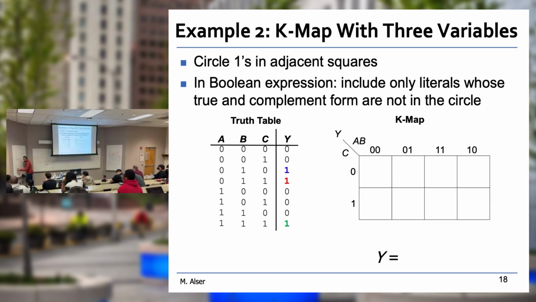What is the value C in both of them? In this one, at the top, C is 0. In this one at the bottom, since it's different and nothing common between them, ignore it. So no C in this term. Done. That term represents this whole group.